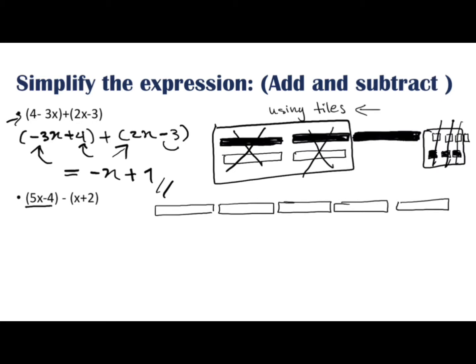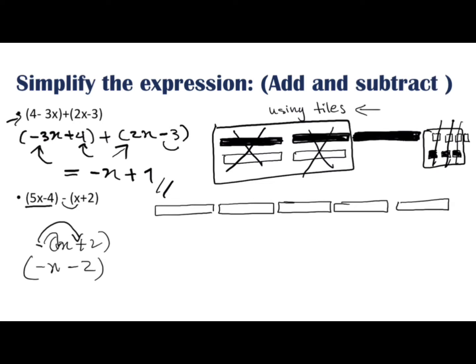So we have 5 positive tiles, and here you can see, you know how to express this, negative x plus 2. It means we just multiply, right? Negative positive is negative x, negative positive is negative, isn't it? This is how we get this basic thing.